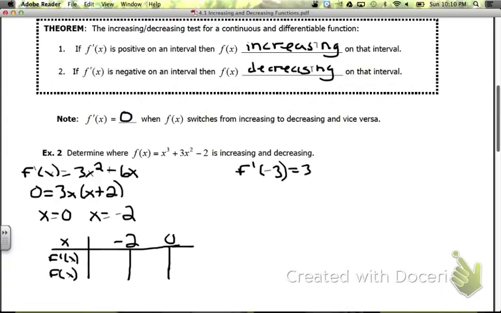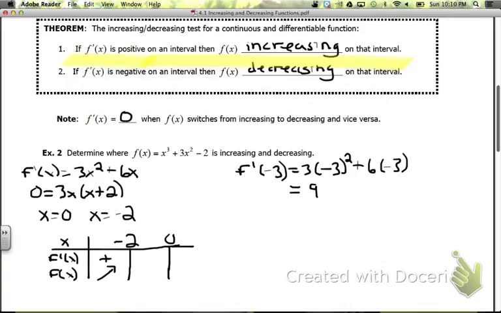So if we sub in negative 3 into our derivative here, we're going to get 9 when we expand and simplify this. Therefore, f prime of x is positive. Since we know from our theorem above, if f prime of x is positive on the interval, then f of x is increasing on that interval. So we know f of x will be increasing.